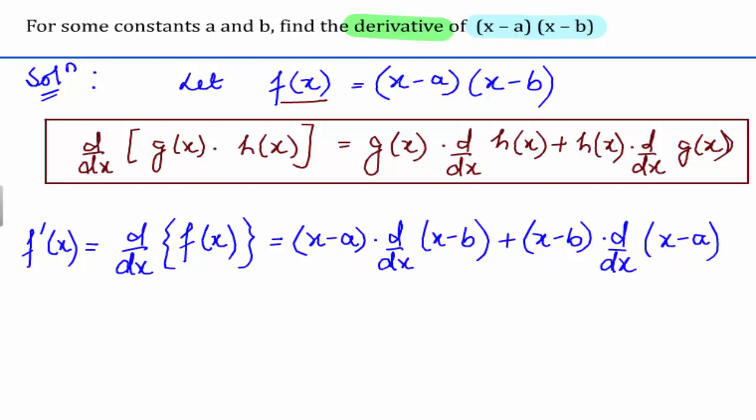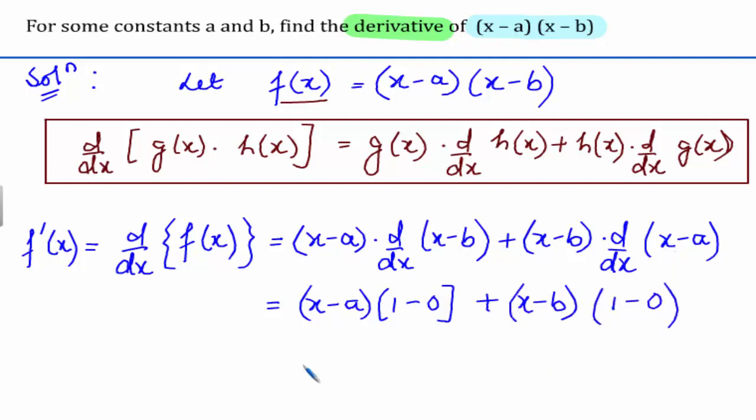Now this is further equal to (x minus a) times, the derivative of x minus b with respect to x is 1 minus 0, since the derivative of x with respect to x is 1 and the derivative of a constant with respect to x is 0, plus (x minus b) times, similarly here we have 1 minus 0. So we have x minus a plus x minus b, which is equal to 2x minus a minus b.